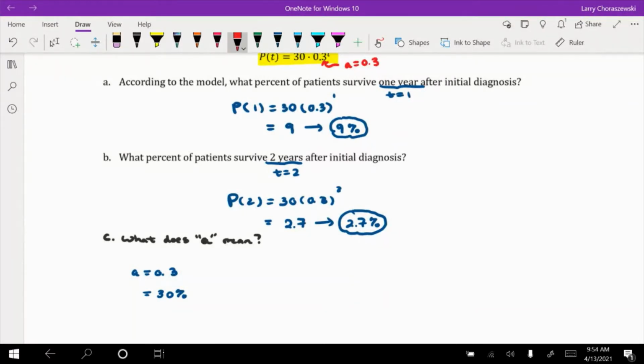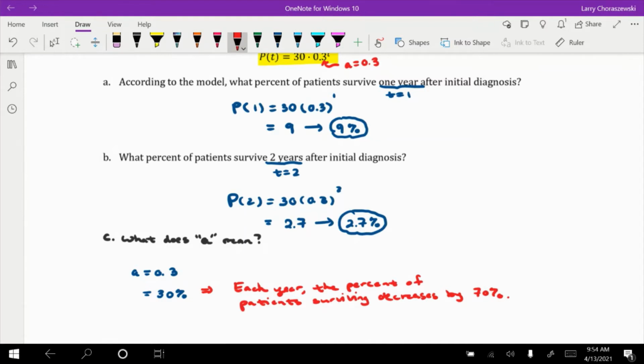Or stated more succinctly, each year, the percent of patients surviving decreases by 70%. Okay, so there's a 70% drop each year, and the 70% drop is based on the previous year.